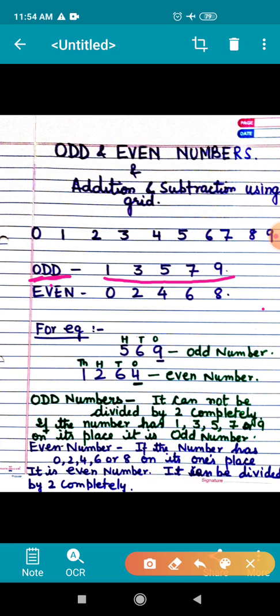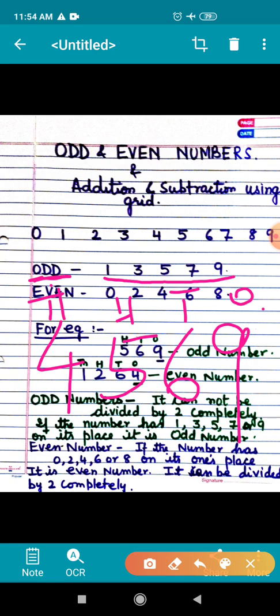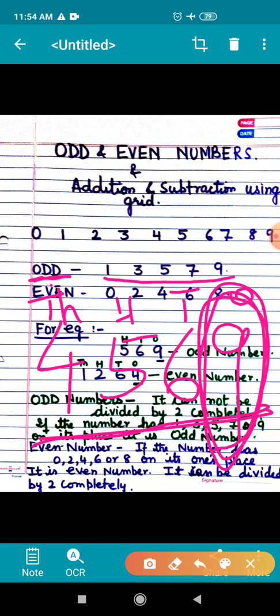For example, if you have 4569, the ones place has 9, the tens place has 6, then hundreds and thousands. So 9 is coming on the ones place, so 4569 is considered an odd number.